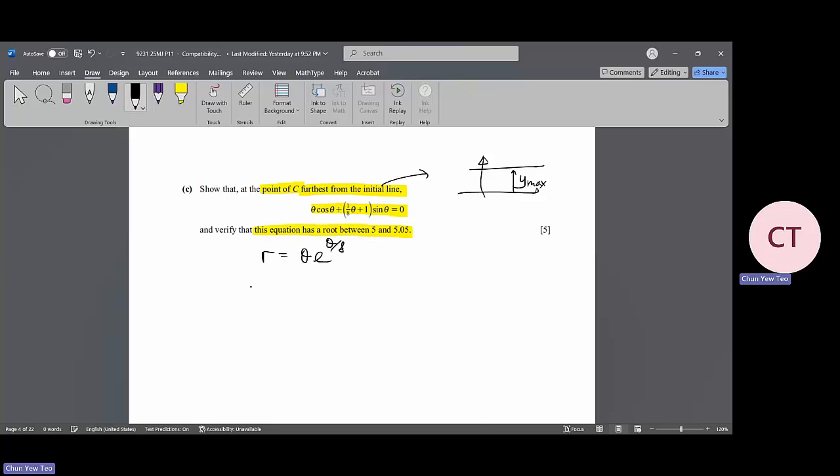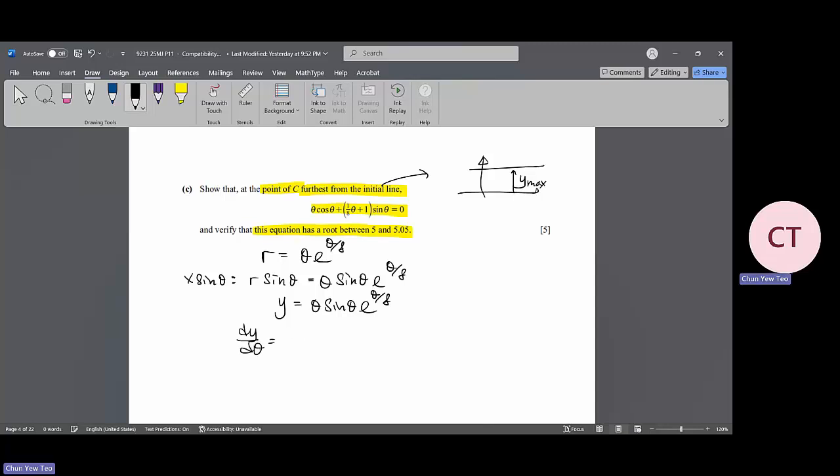So y max, I need to find the y. To find the y, I need r sine theta. I multiply everyone by sine theta. Then I get this. Then I need to find dy d theta.